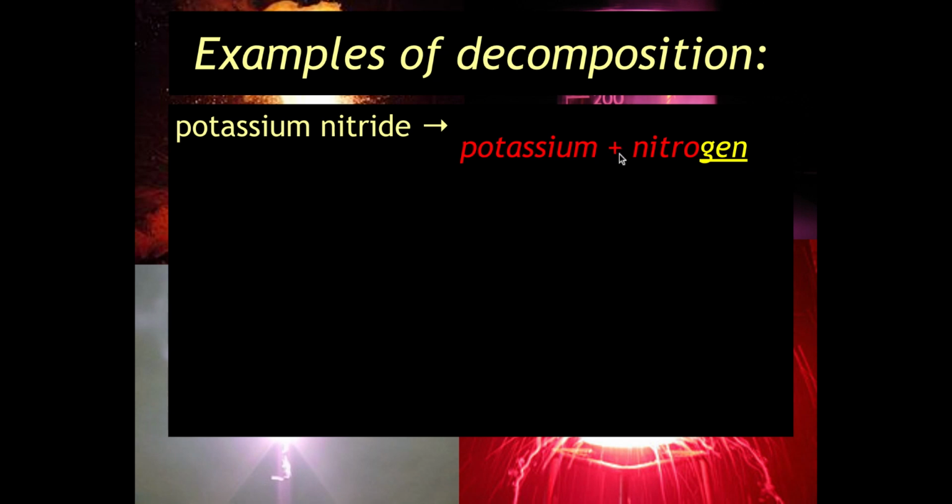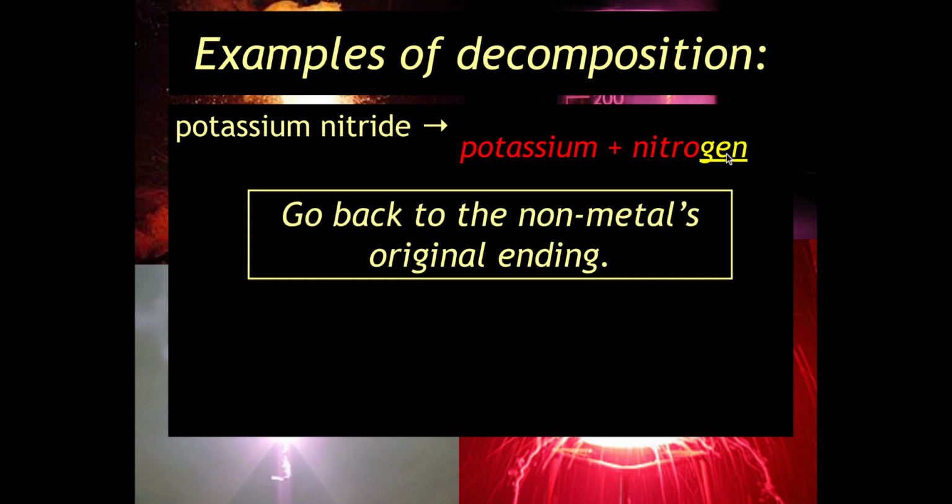So you've got potassium plus nitrogen. Now that they are separated, they're not joined together anymore, we've got to change the ending on the nonmetal back to its original ending that you would see on the periodic table. So potassium nitride breaks down into potassium plus nitrogen.